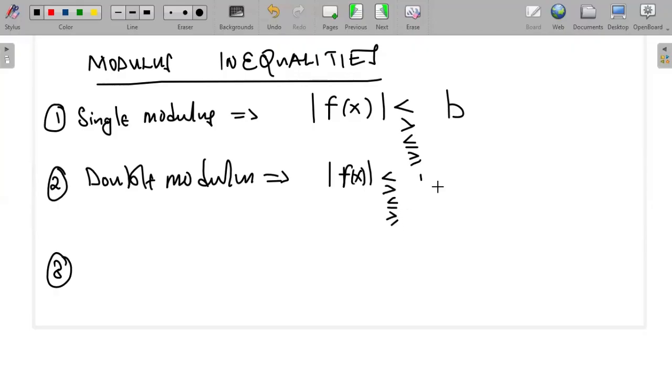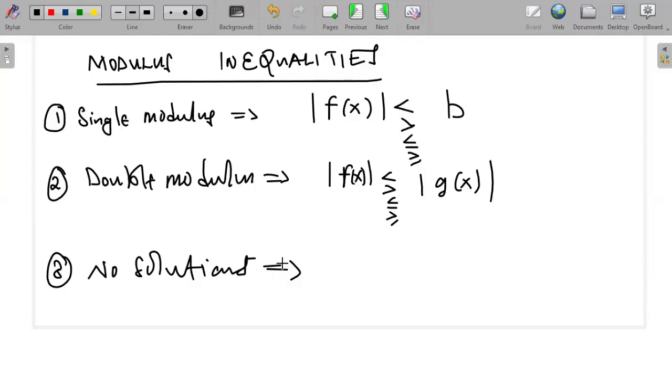And then on the other side again, I have a modulus equation like this. So how do we handle such with double modulus? And then the third one is the one with no solutions. When you just see it, the answer is just no solution. So those are the 3 types of inequalities that we have: double modulus, single modulus, and the type that gives you no solution.